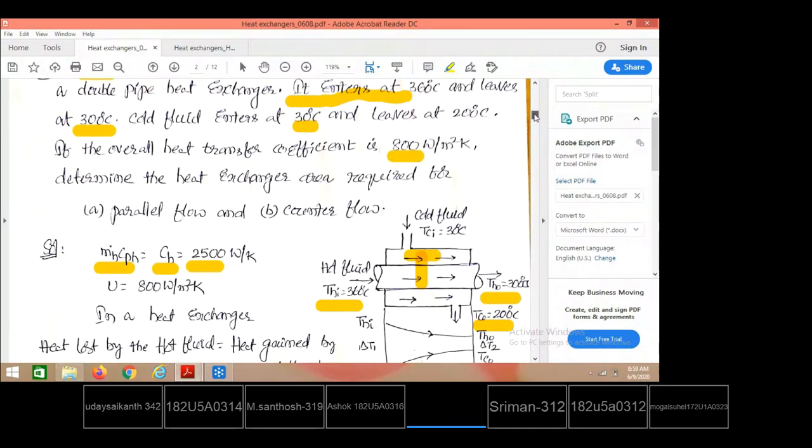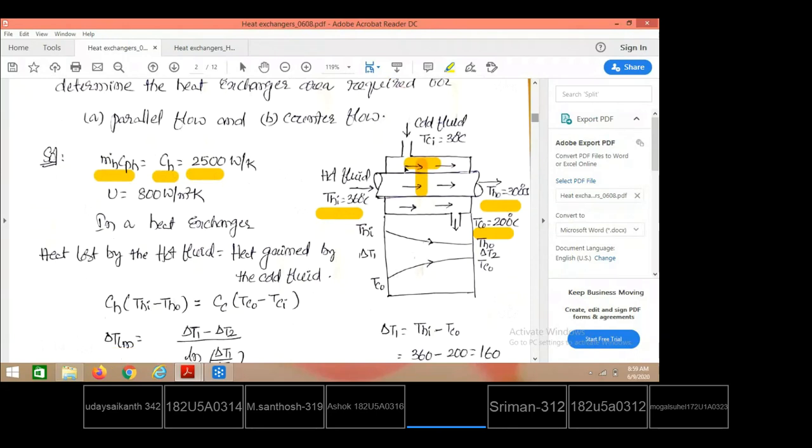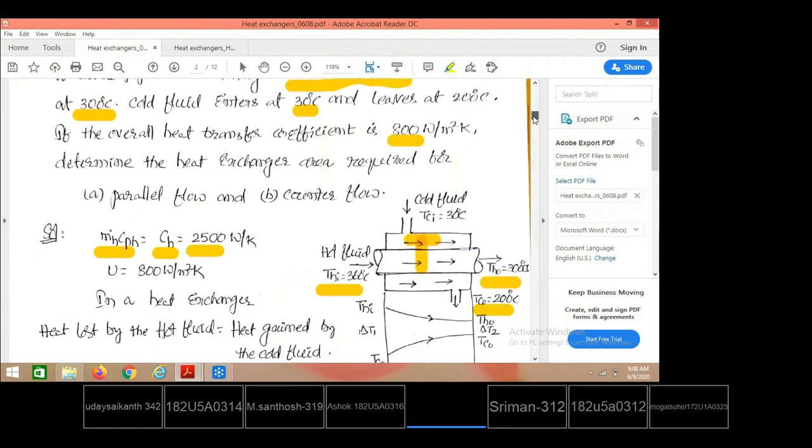So this is the overall heat transfer coefficient. Now the hot fluid is considered to be flowing through the innermost tube. So the given overall heat transfer coefficient will be considered as the overall heat transfer coefficient based on the inner surface.